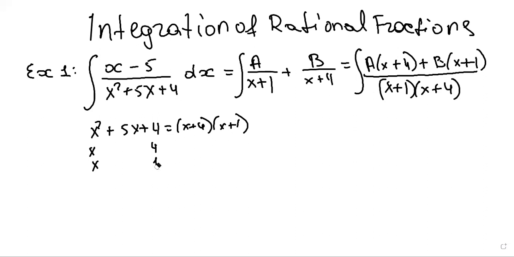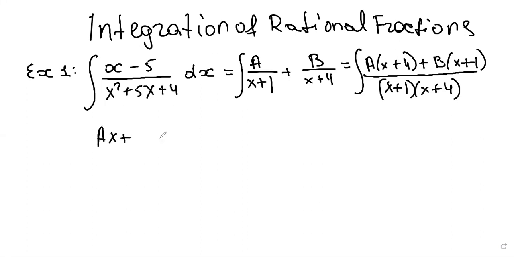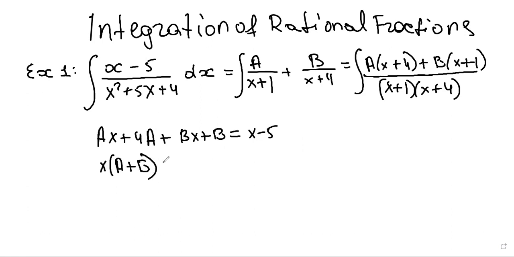Now, the next thing I am going to do is find the values of a and b. I open the parentheses, which gives ax plus 4a plus bx plus b, equal to the numerator, x minus 5. If I take x as a common factor, that's (a plus b)x plus (4a plus b), equal to x minus 5.